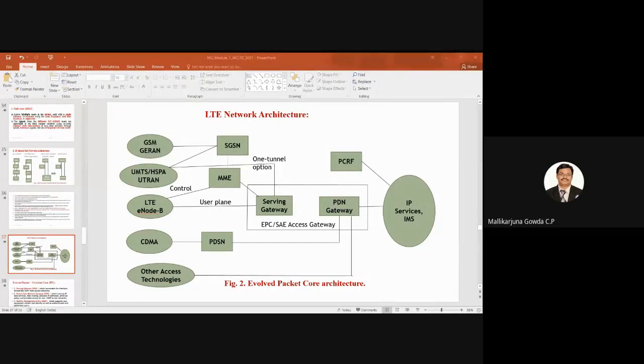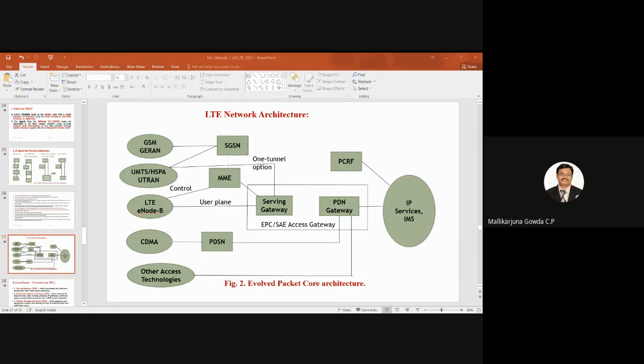Yes, Navya. PCRF. Okay. Ashwin. Sir, PDSN. Okay. Yes, then Ritika.